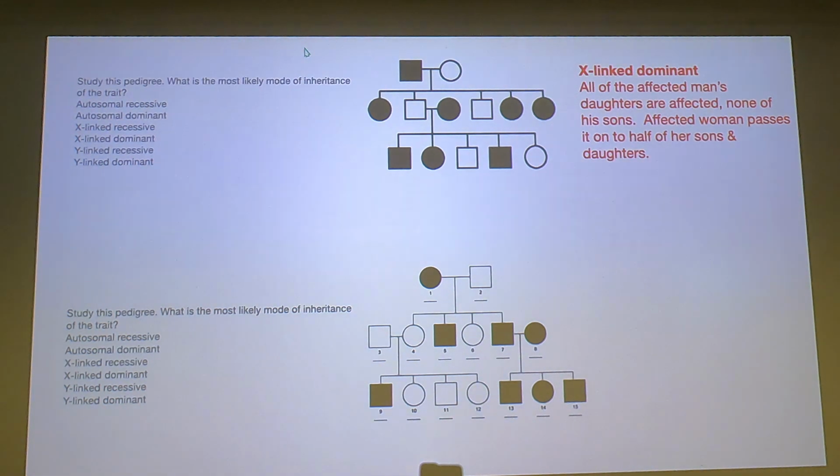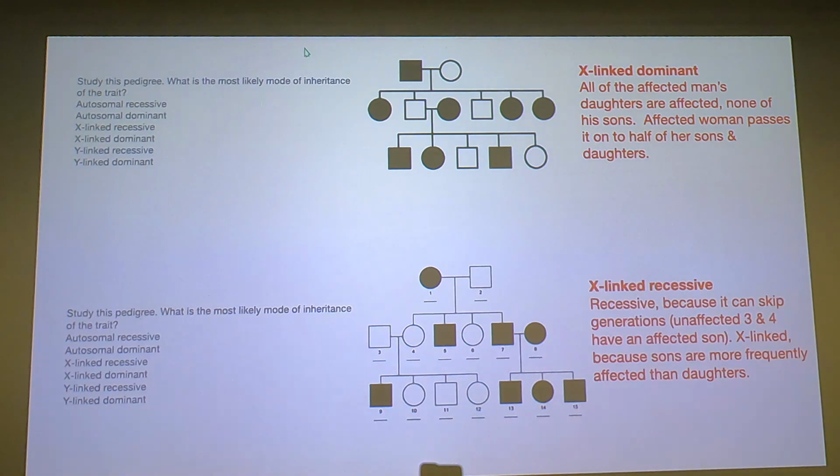Okay. Did I answer it correctly? Yes, I said it was X-linked recessive, and that's because it can skip generations, and it's X-linked because sons are more frequently affected than daughters. Okay, another part of the question though was to identify the genotype.